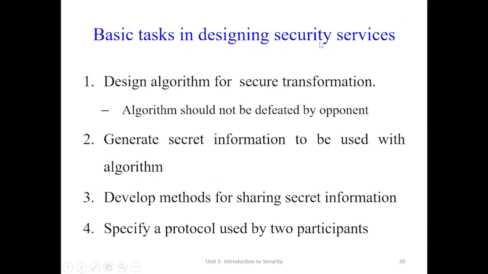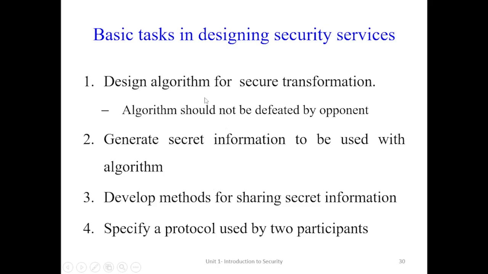And if we consider security services, there are 6 types of services available, which were all discussed in the previous session: confidentiality, integrity, authentication, access control, availability, and non-repudiation. And there is a need of designing these security services by the following tasks.